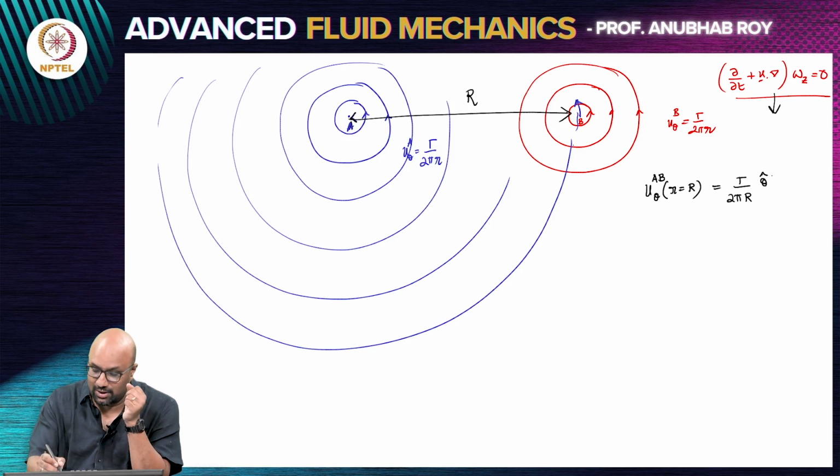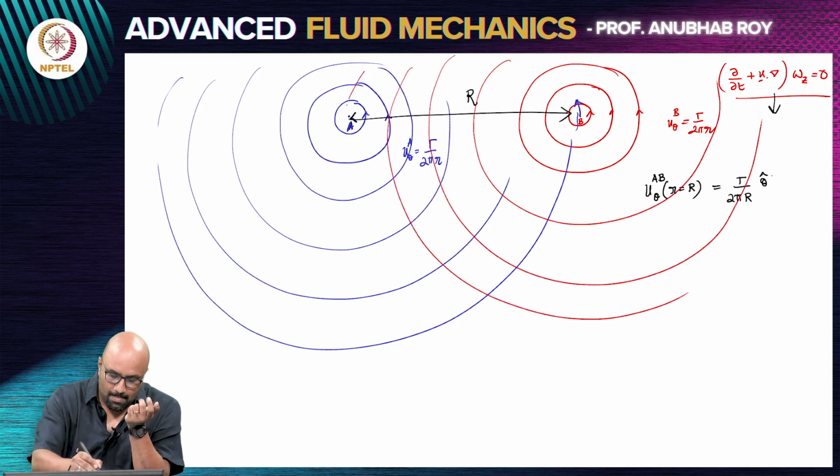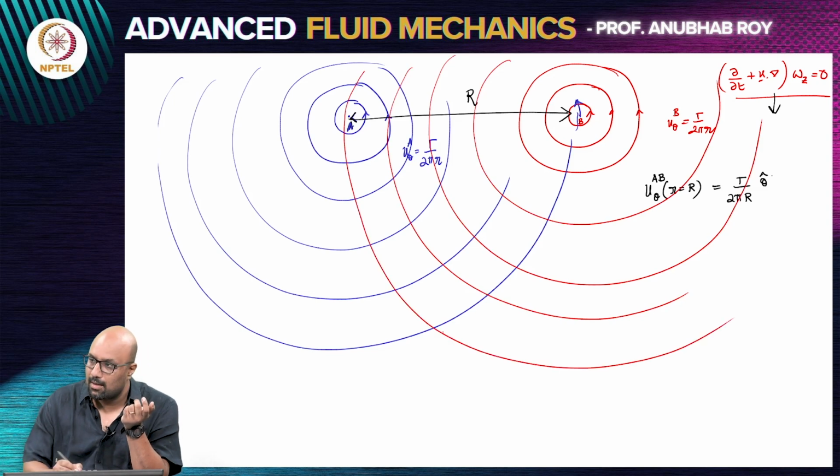But then this vortex B, so now let's detach the two problems. Now vortex B is also driving its own flow, which is of this kind. Each of these streamlines indicate the velocity that is driven by the vortex B at different locations.